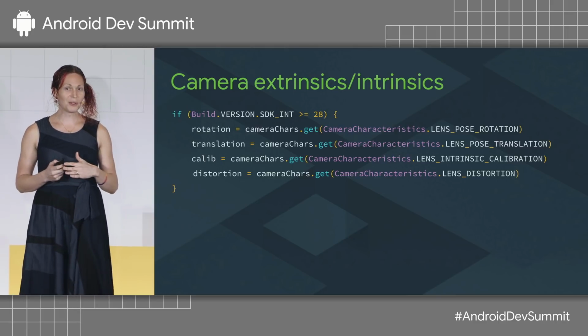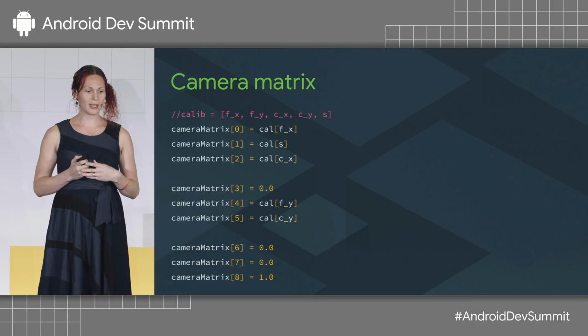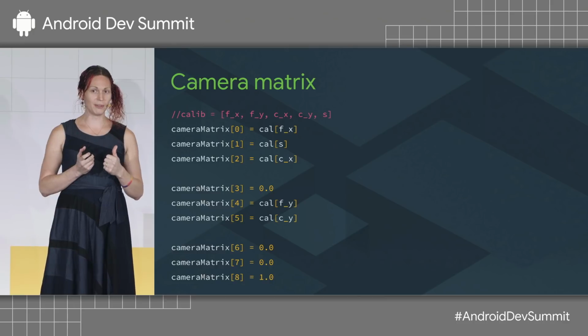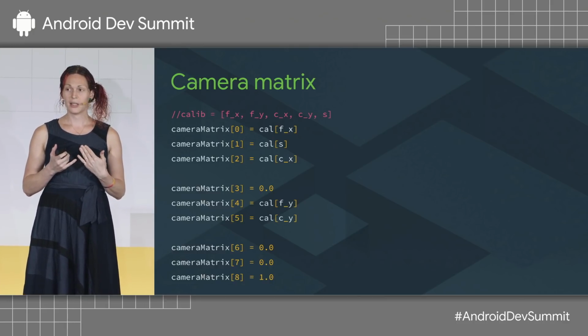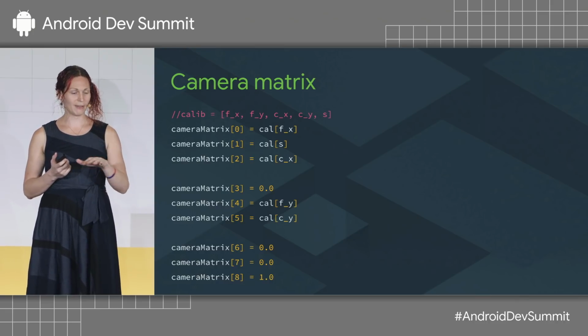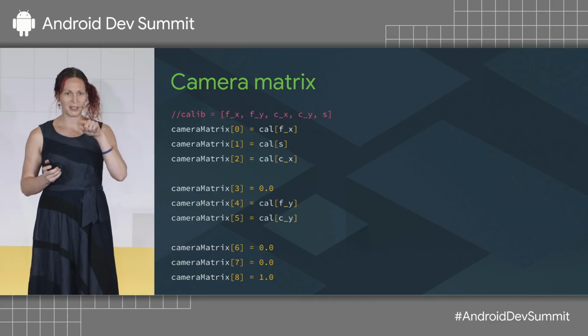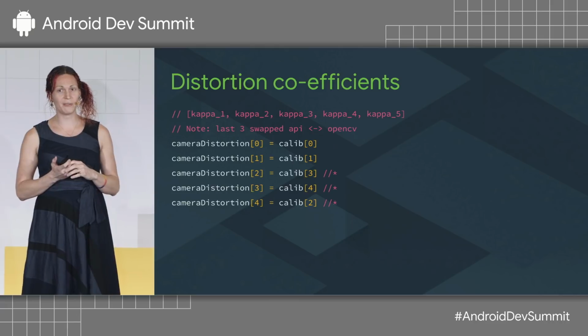I'm going to just tell you a few notes if you're implementing these yourself. The camera characteristics, the focal length and the axis information, come in 5 parameters. This is in the Android documentation. But to create that 3x3 matrix, you just have to follow the documentation and plug in the numbers. Another thing that might throw you off is the distortion coefficients.